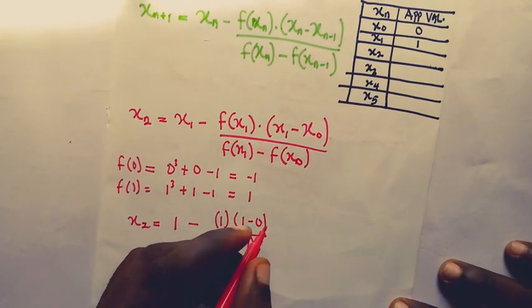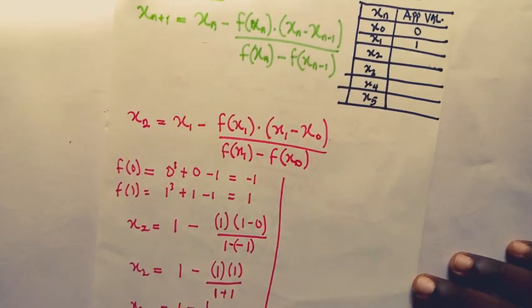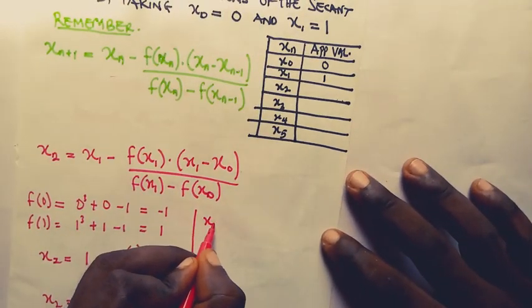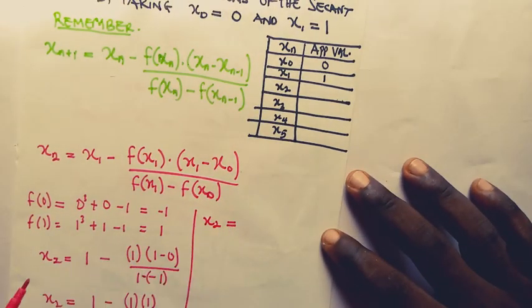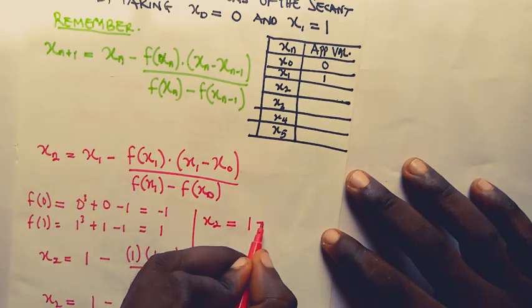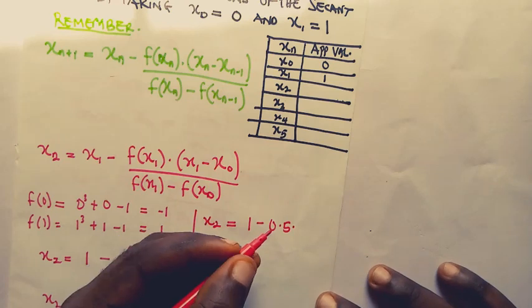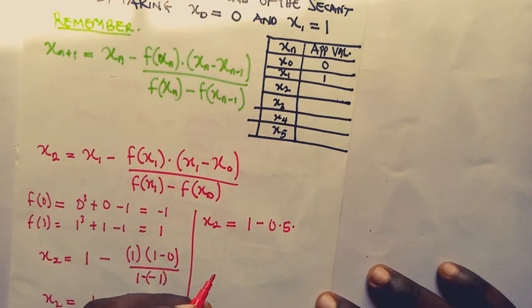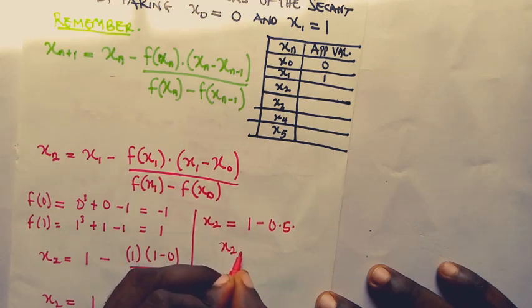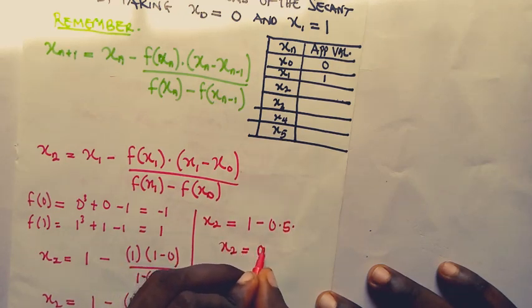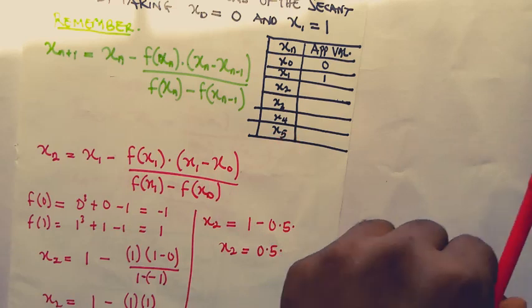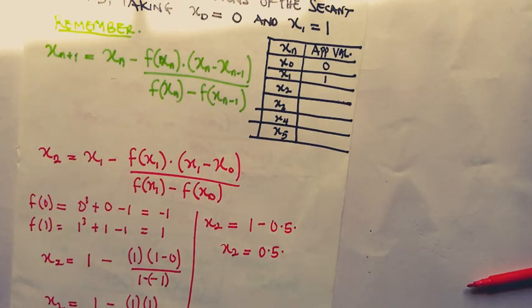So x2 is going to give me 1 minus 0.5, and 1 minus 0.5 gives x2 equal to 0.5, and that is my first approximate.